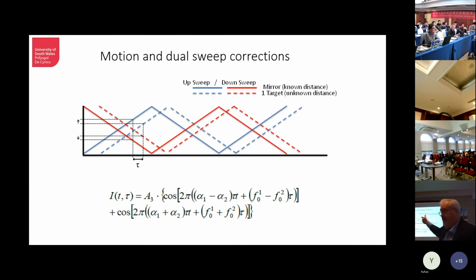So what we've decided to do is use a laser which chirps upwards, that's a normal chirp direction, and at the same time a laser which chirps downwards.